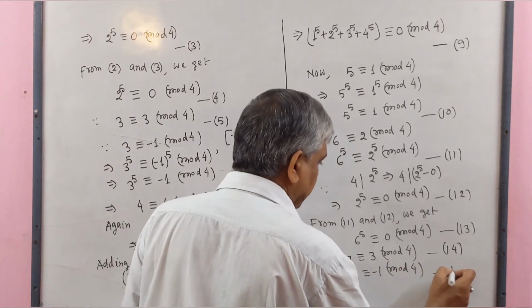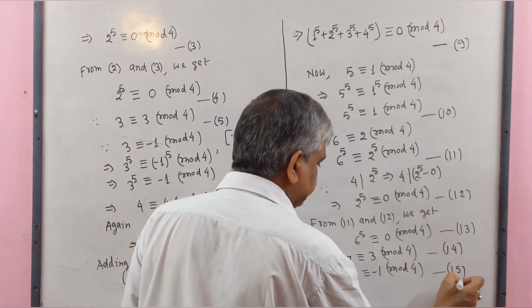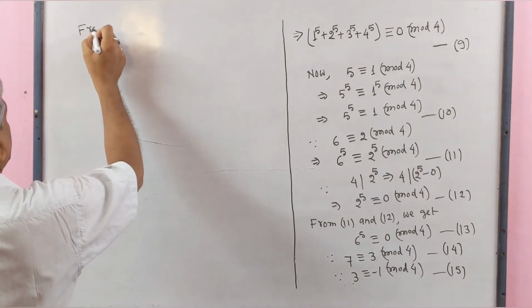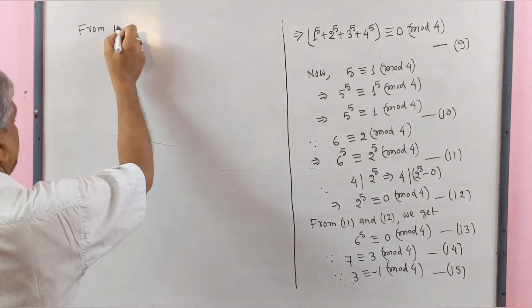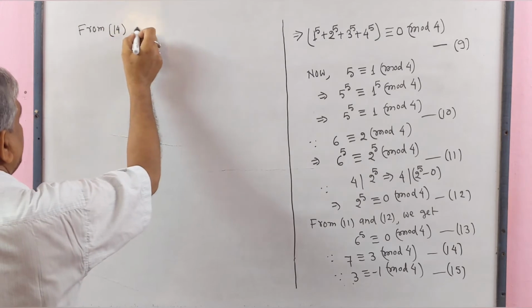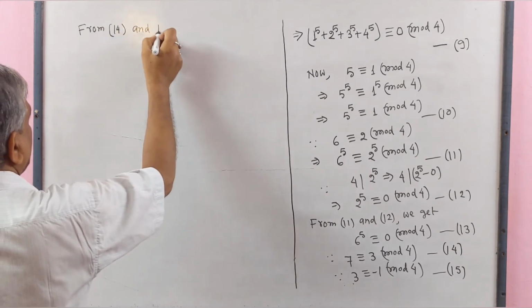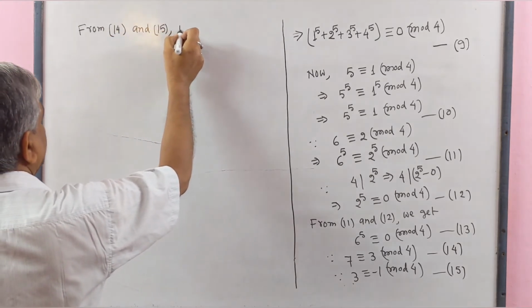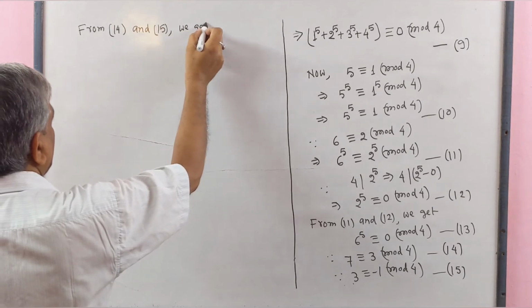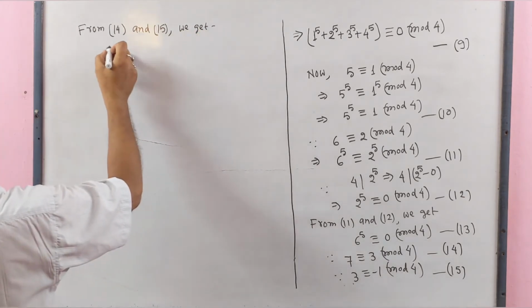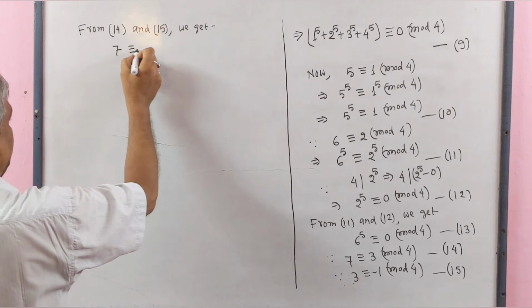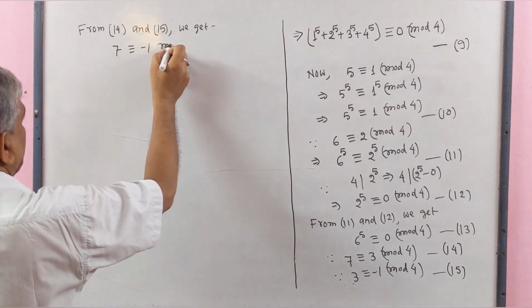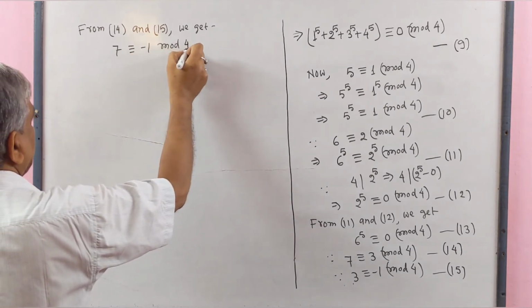This is number 15. From 14 and 15, we get 7 is congruent to minus 1 modulo 4.